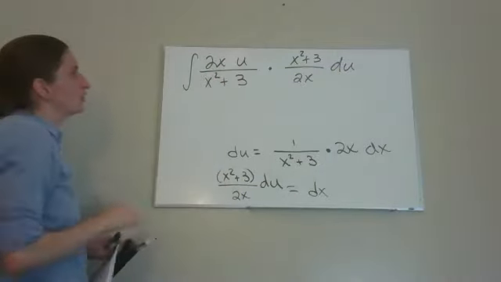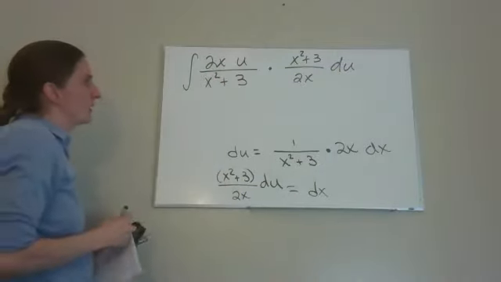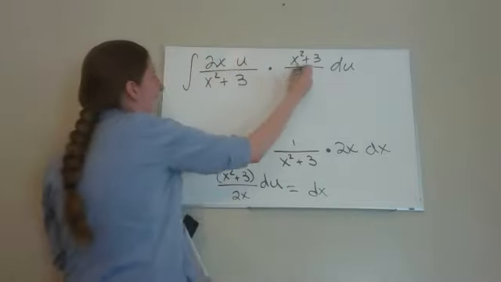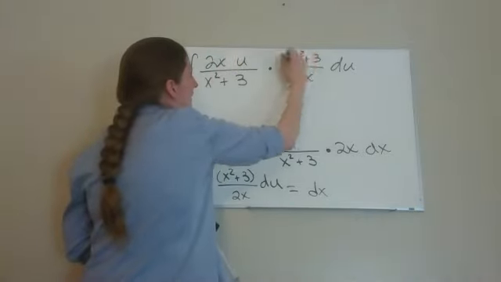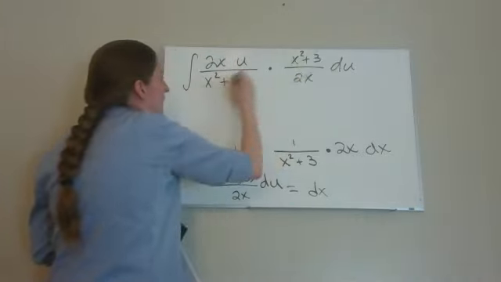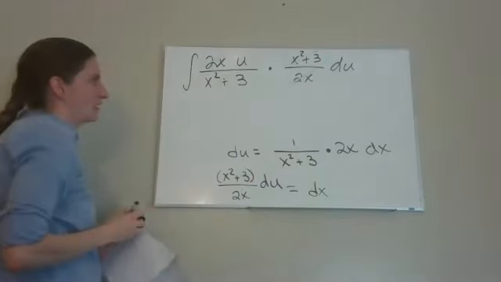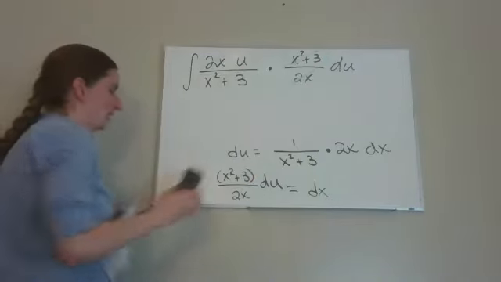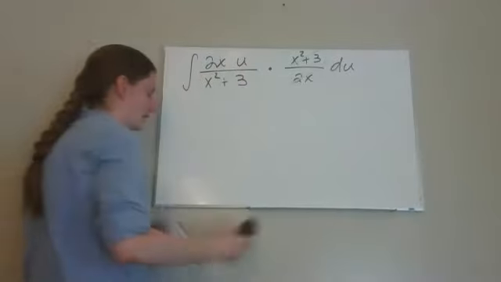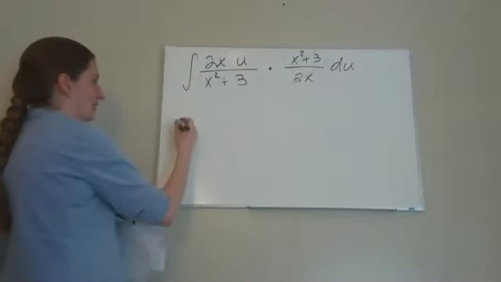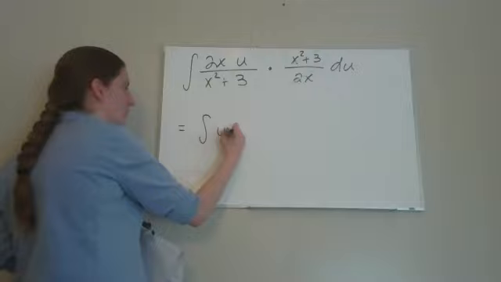And that looks pretty terrible until you realize that the 2x's cancel out, and this x squared plus 3, they cancel out. And this horribly terrible looking problem that we had has now just become the integral of u du.